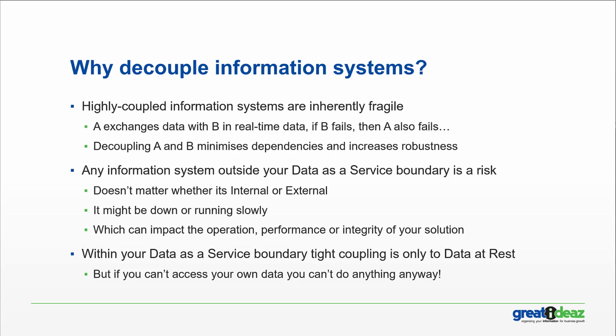So what you need to really be focused on here is that any communication with any external application, whether it's internal or external to your organization, is a business risk. So minimizing those risks is always a good thing to look at.